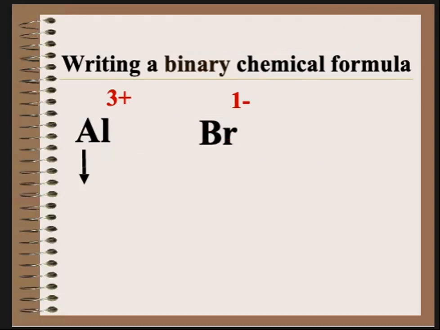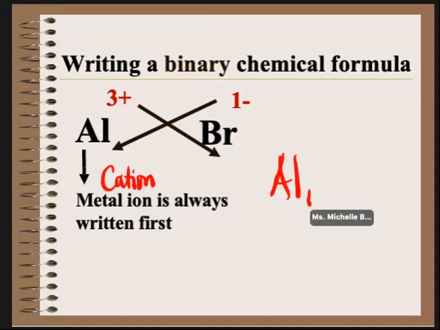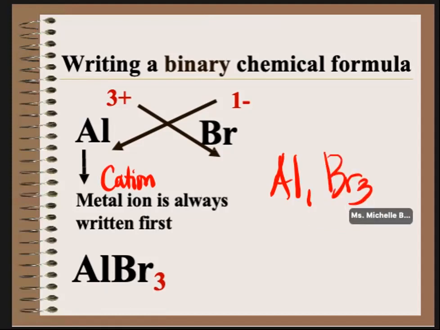So again, we have positive 3, we cross it over to bromine and then negative 1. Then take note that when you write a formula, the metal ion is always written first, or it's the cation that is written first. So we have aluminum 1, and then we have bromine 3, right?